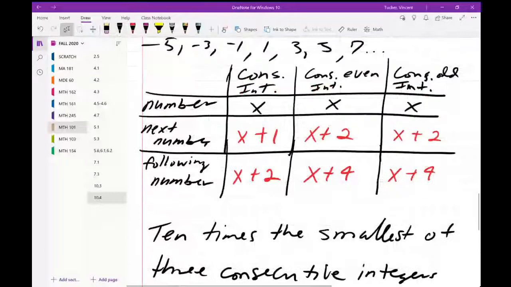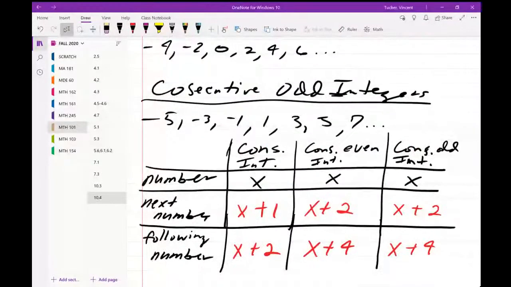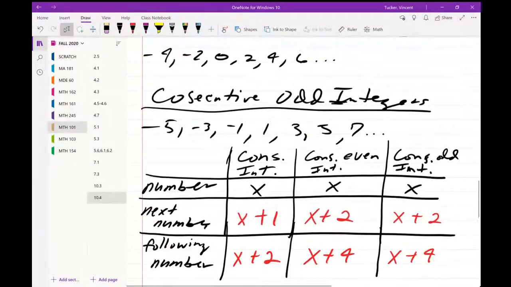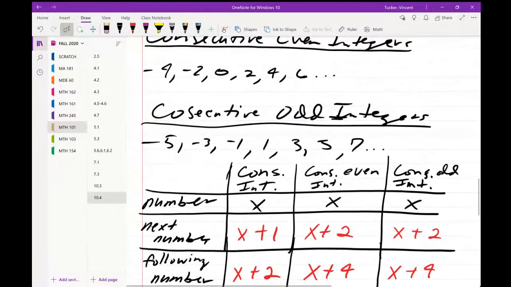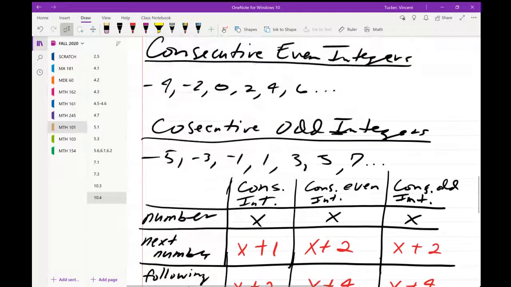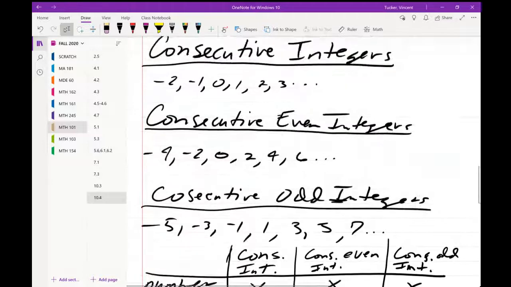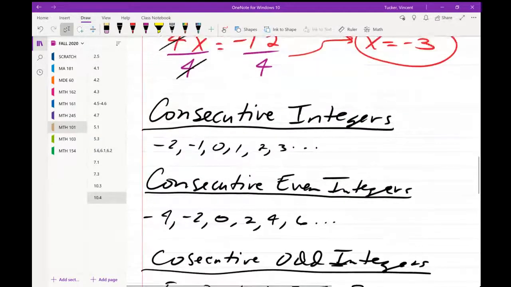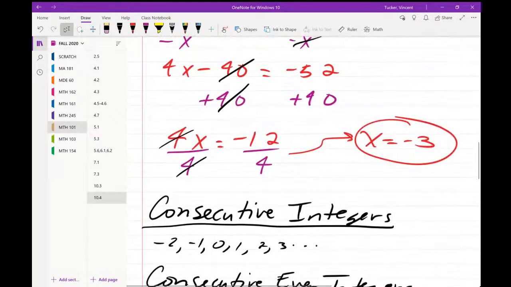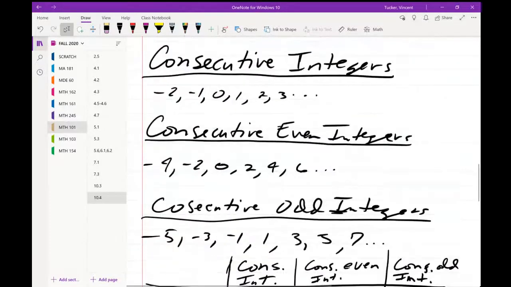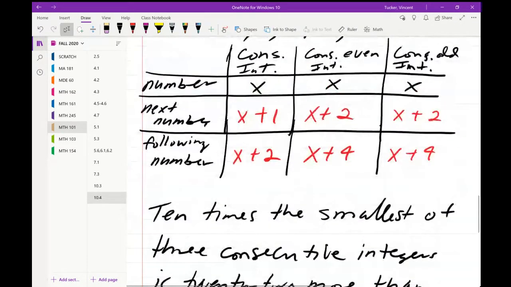Somebody asked me to scroll up. Is this far enough, or how far do you want me to go? All right, so that gets up into this problem right here. Is this where you want me to stop? Okay, right here. Yeah, thank you.